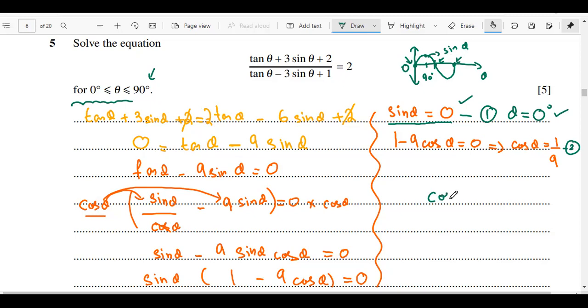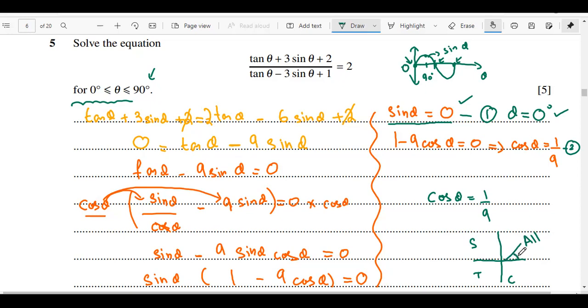Let's talk about the second equation. Cos theta equals 1 by 9. Now cos is positive, so cos is positive in the first quadrant and the fourth quadrant. It is clear now. What would be the value of alpha, the value of cos in the first quadrant?